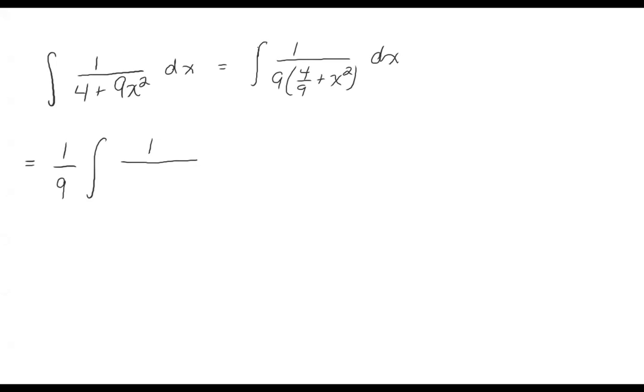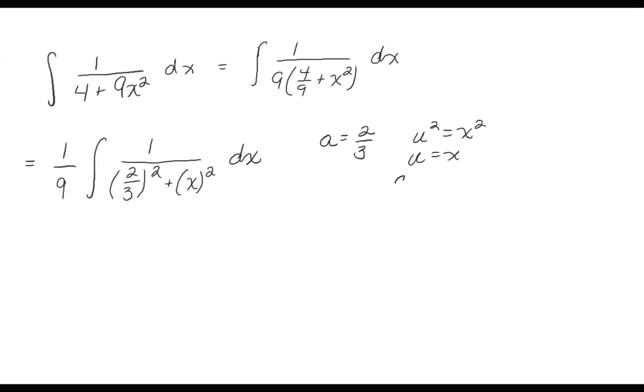Yeah, I pulled it out wrong. It should be 2/3 squared plus x squared. So now your a value is 2/3 and your u squared is equal to x squared. So u definitely equals x and du equals dx.